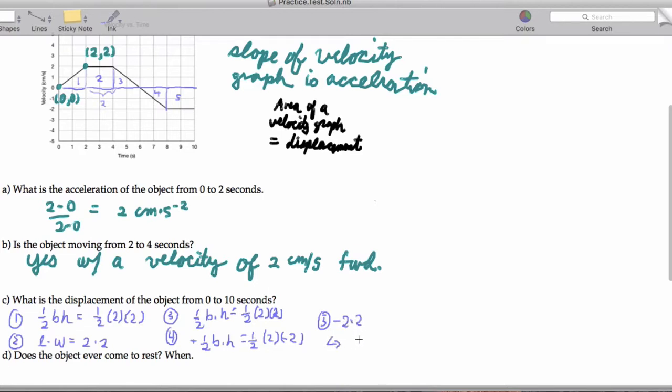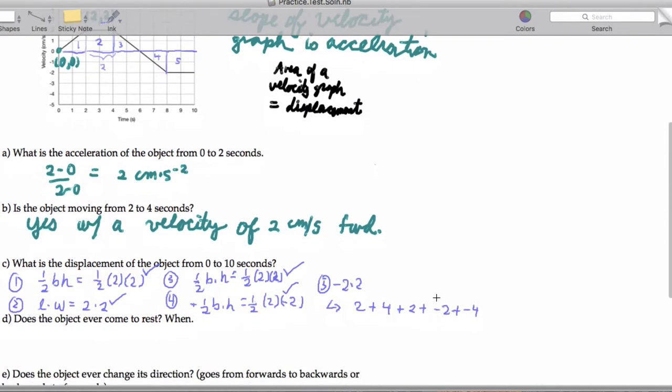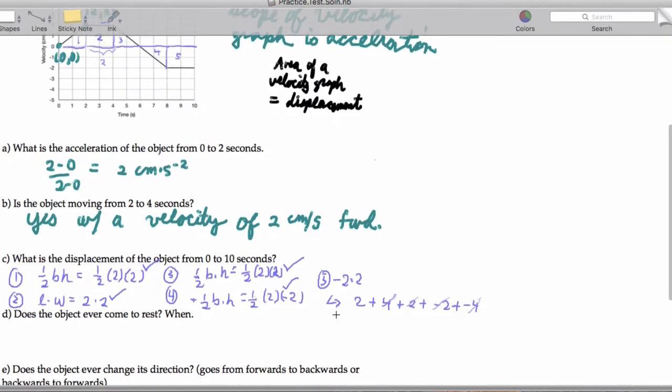And when we add all these up, that's going to be 2 plus 4 plus 2 plus negative 2 plus negative 4. I'm going to cancel what I can. And I'm getting an area of 2 centimeters.